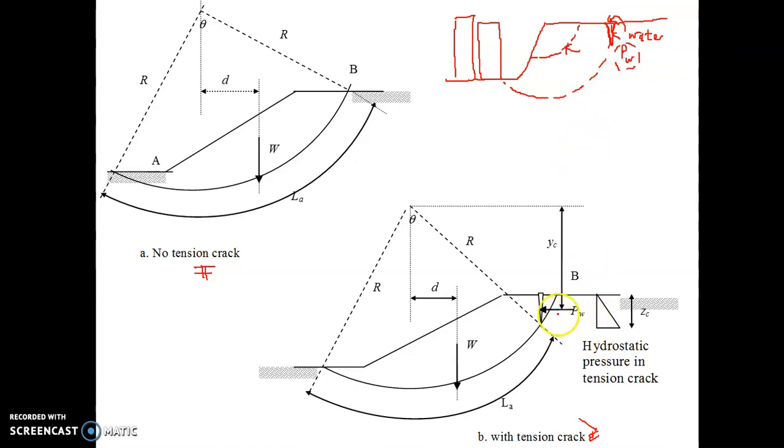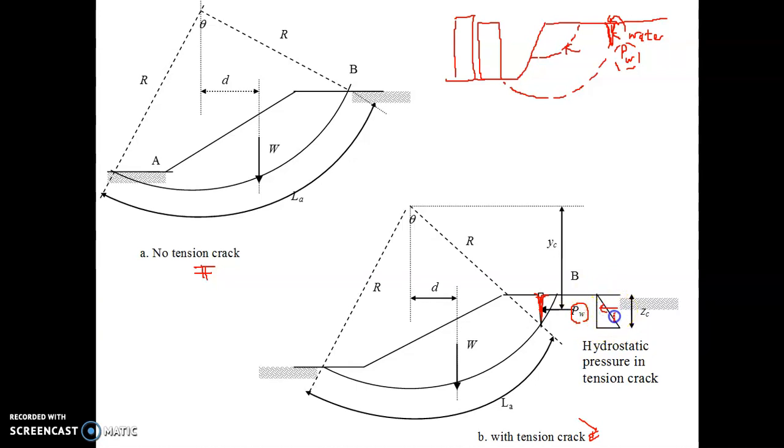Just to highlight the pressure of water in the crack, we can refer to this figure. The pressure of water in the crack is an application of the lateral earth pressure that we learned in chapter 1.